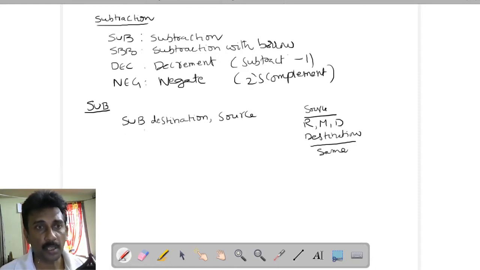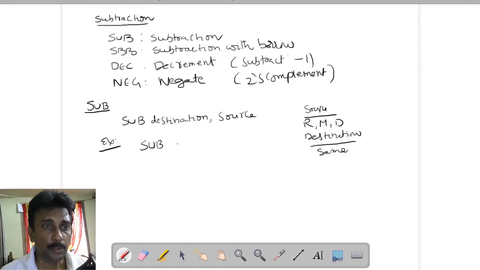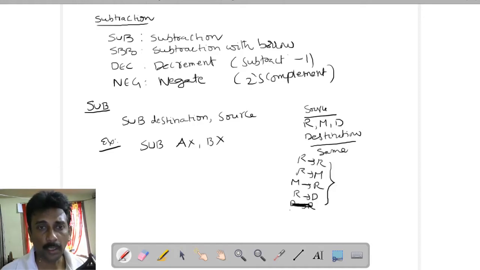For SUB destination comma source, an example is SUB AX comma BX using registers. You can write register to register, register to memory, memory to register, register to data. We can give these variations, but memory to memory is not possible in 8086.